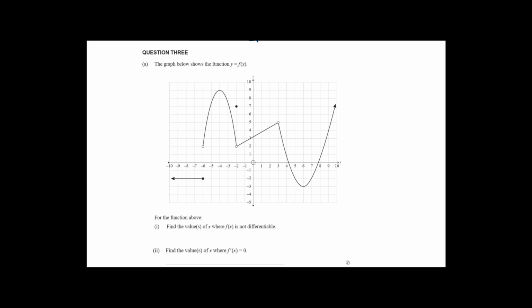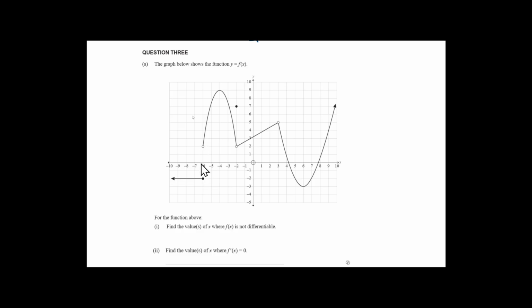The next question is pretty common of what you get every year in this exam. They give you a graph, and it's obviously a piecewise graph, and they ask you to tell them where it's not differentiable, etc. Now, the graph goes here to negative infinity, and then it jumps here. The round empty circle means that it's not there.